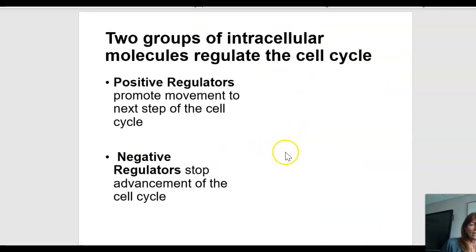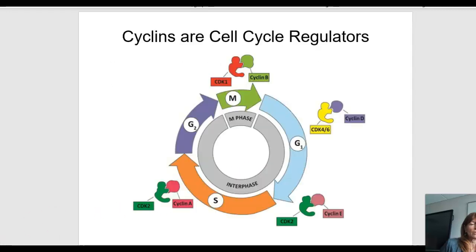Now, one of the things that the cell does, in order to regulate this, is it has both positive and negative regulators. Positive regulators are going to help push the cell into the next cycle. Negative regulators are going to ensure that the cell doesn't move on until everything's right. So we're going to take a look at a couple of those.